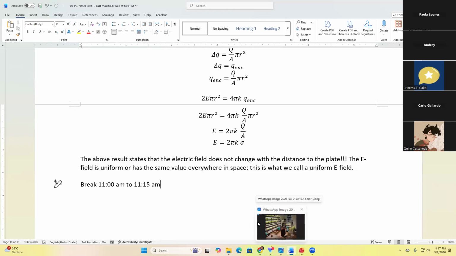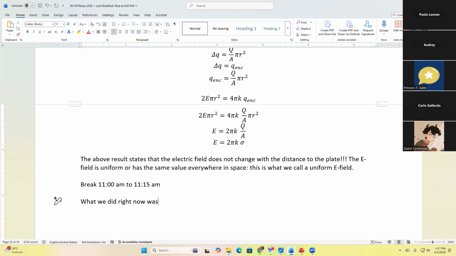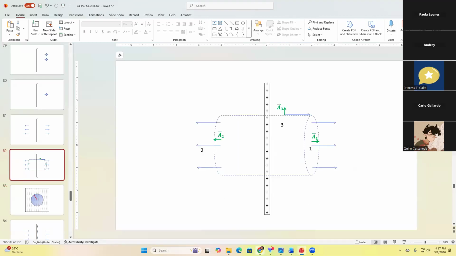What we calculated right now was the E field of a single plate, right? We calculated the electric field of this single charged plate, the field to the right and the field to the left. Because the plate is very large, the electric field is going to be uniform throughout the whole space.